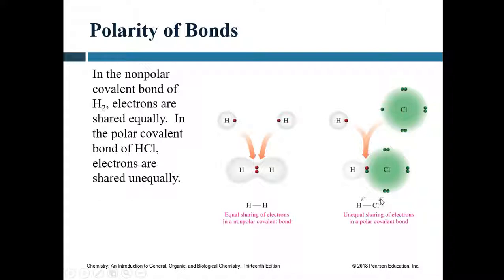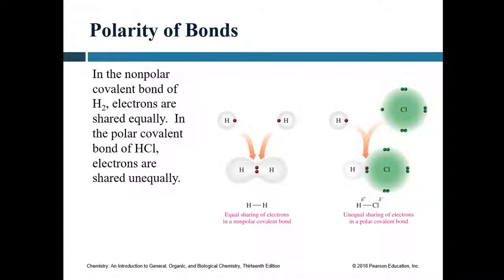So you'll notice this partially negative sign here over the chlorine, and the hydrogen has a partially positive. That means it's a partial charge of negative and a partial charge of positive. So it's not equal sharing. And in this case, it's not equal, and so the term is polar.